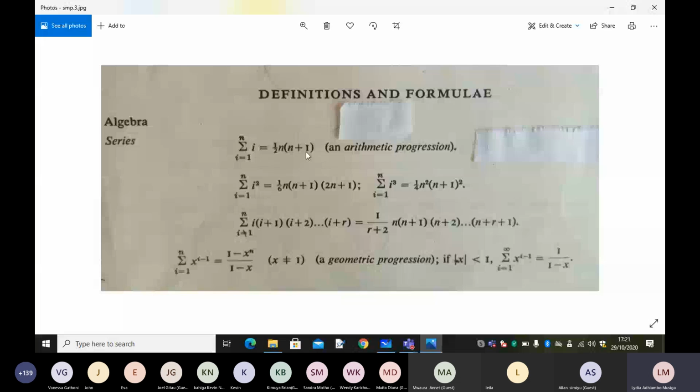So really it's an arithmetic progression, and maybe some of you realized that.